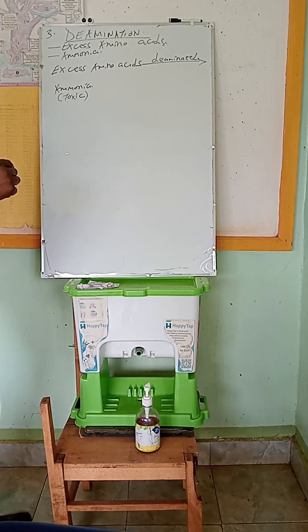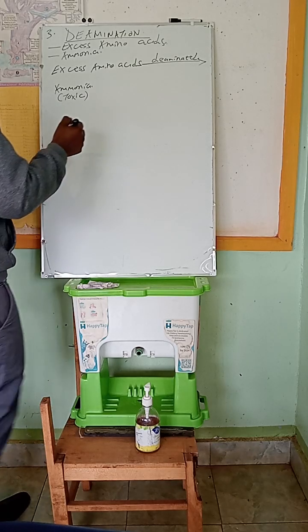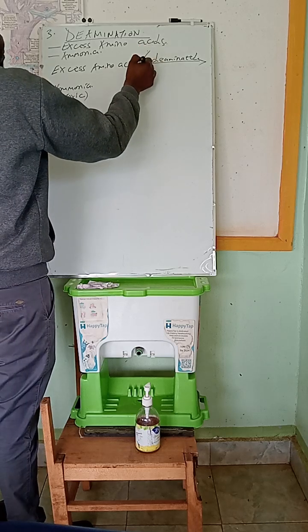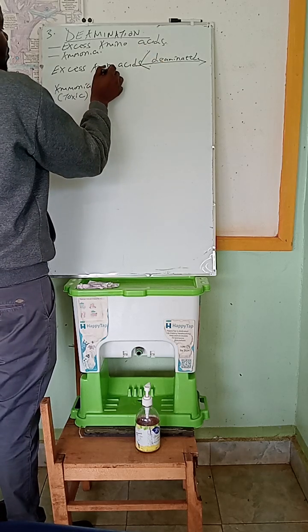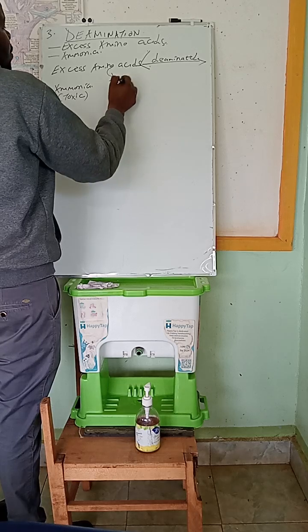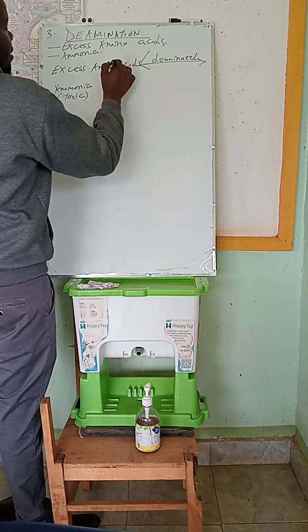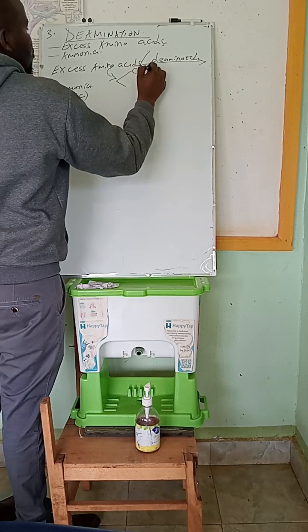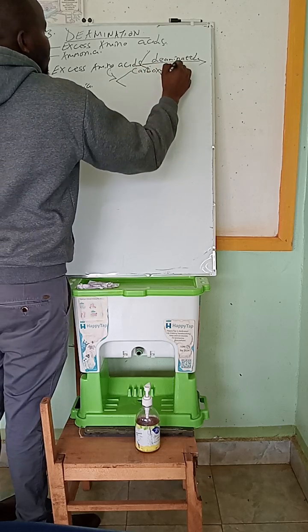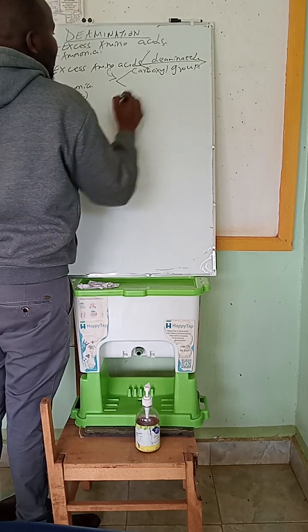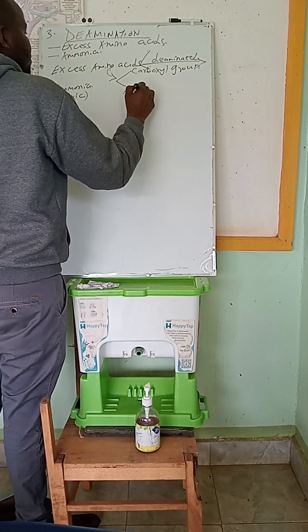And how are they deaminated? They have first to be broken down. We are speaking about these amino acids. We break them into two things: a carboxyl group and an amino group.